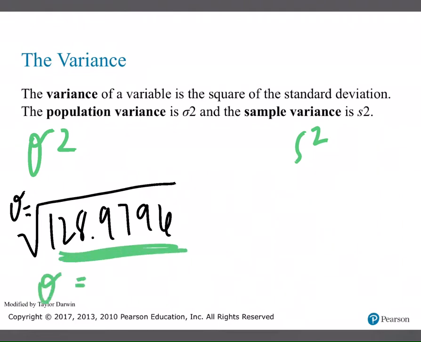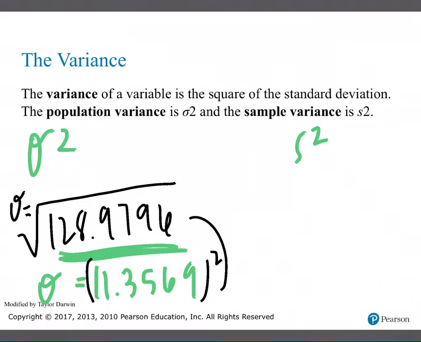Because what was our sigma here? Let's see. It was 11.3569. If I were to get that number and then square it again, I would get that number.